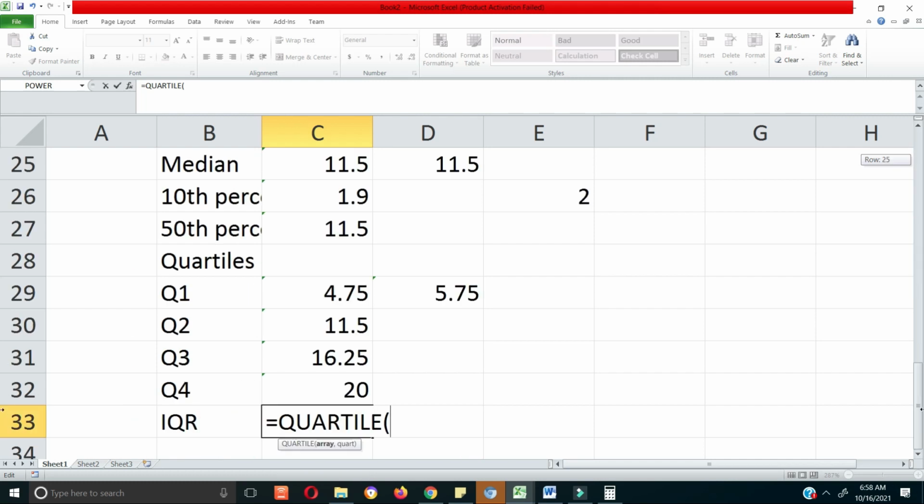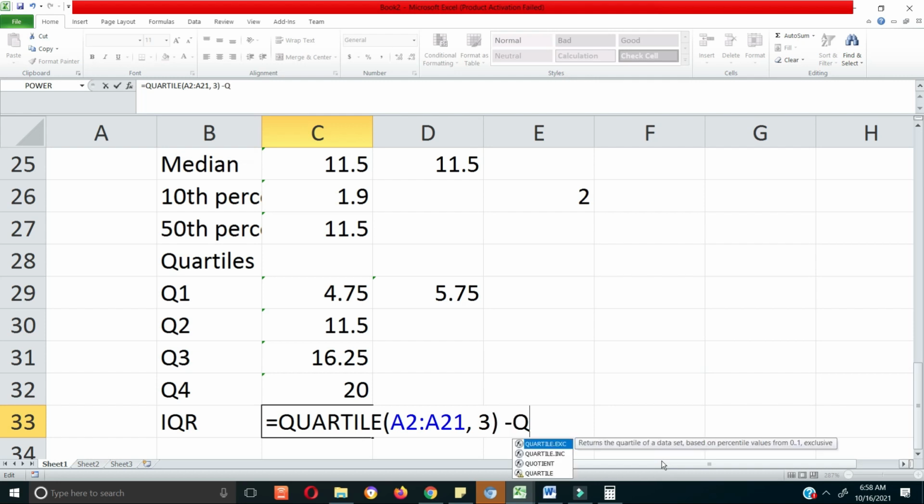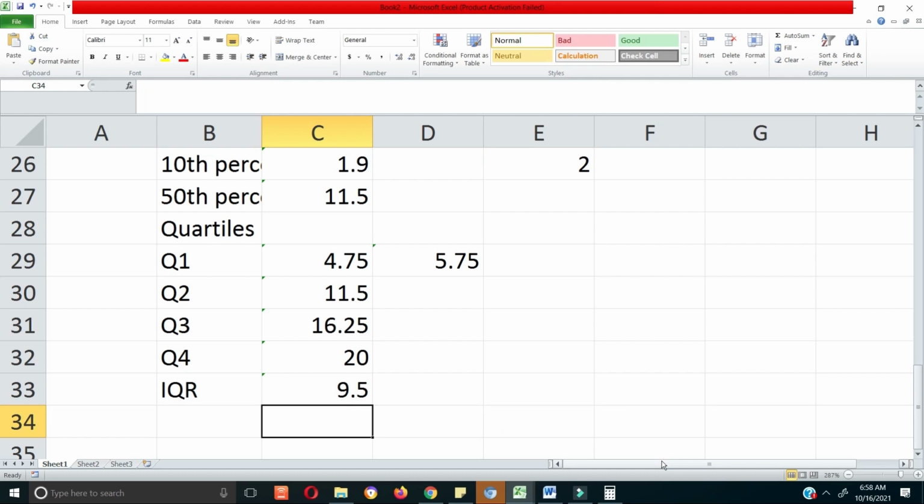In this case, our data is ranging from A2 to A21, and we want Q3 minus Q1 to give us the interquartile range.